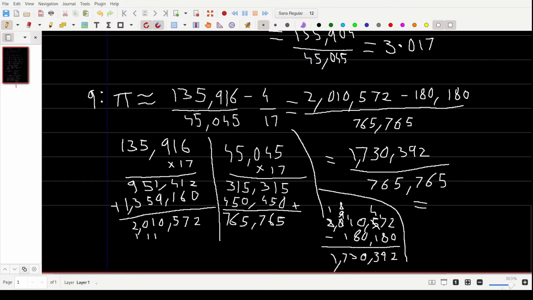Let's see. So we're supposed to have, when we do this, okay, so this number is supposed to be 2310572. 2010572.